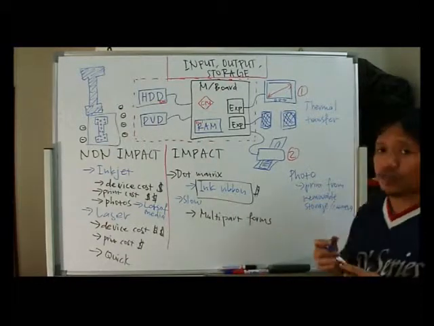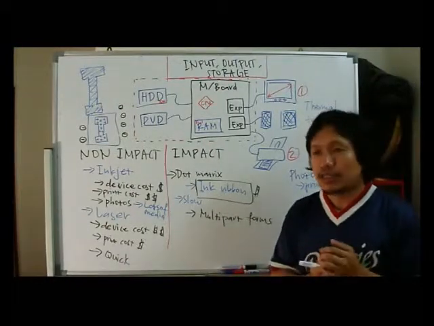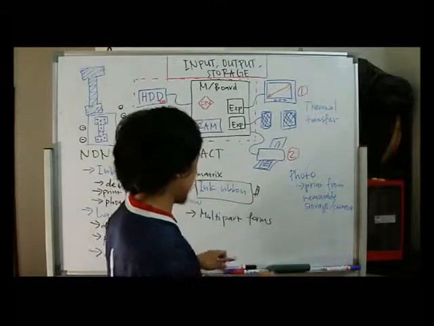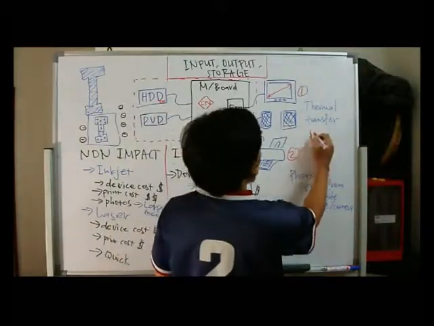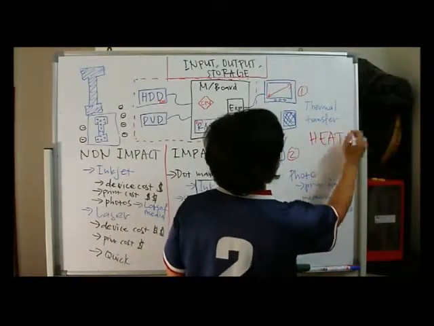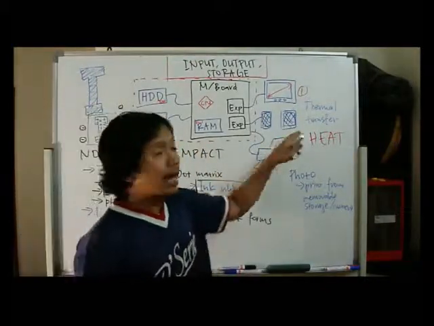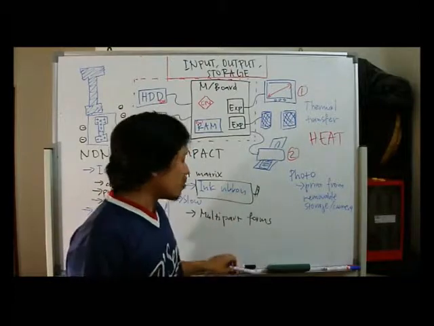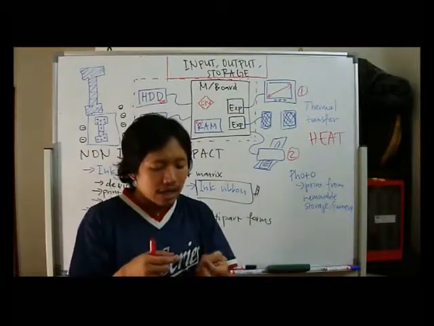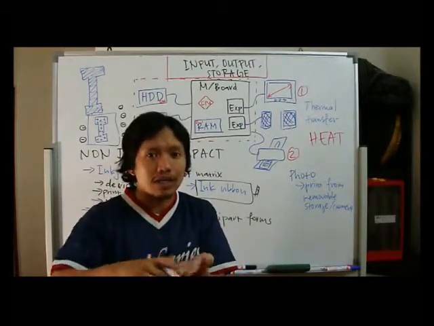Okay, thermal transfer, as the name suggests, is the type of printer that uses heat. Right? And there are 2 types of thermal transfer printers. One is direct thermal. Direct thermal is like your movie tickets. You see, your movie tickets, it has a special kind of paper, it's slightly glossy, right?